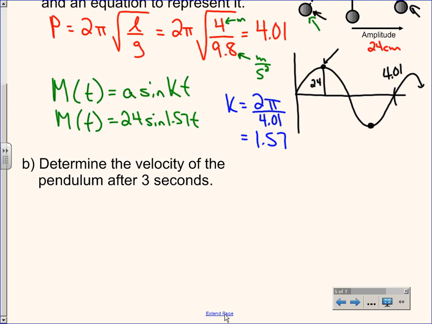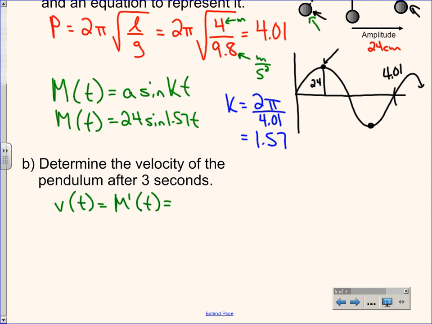This is what I wanted to show you, is just remind you how we can do velocity. This was a motion equation, right? So we could think of it as a displacement. I didn't label it d of t, I intentionally chose m of t. But if we want to calculate the velocity, the function should just be the derivative of the original, right? Velocity is the derivative of displacement.